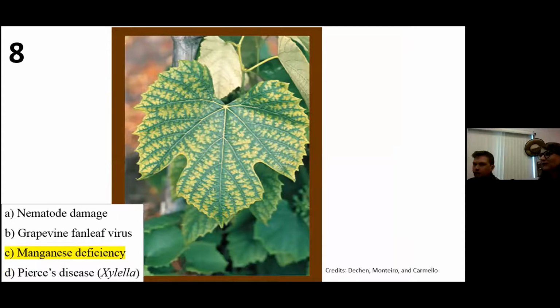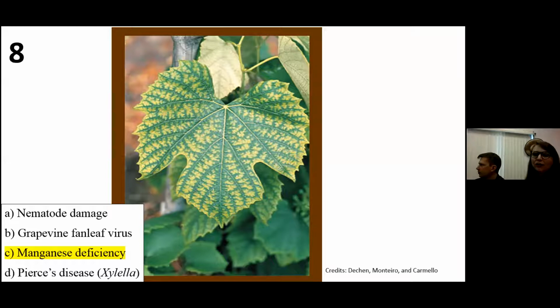Number 8. That one would be a little confusing, but I think the majority of you got it right. It was manganese deficiency. I know it can be confused with diseases caused by viruses, and viruses are sometimes complicated to diagnose, especially because they are organisms that we cannot see. There are no signs of it.